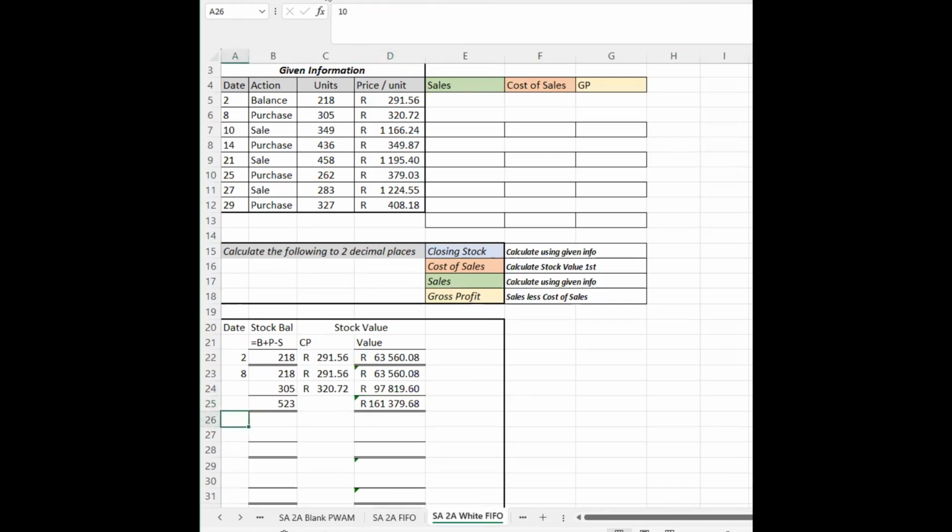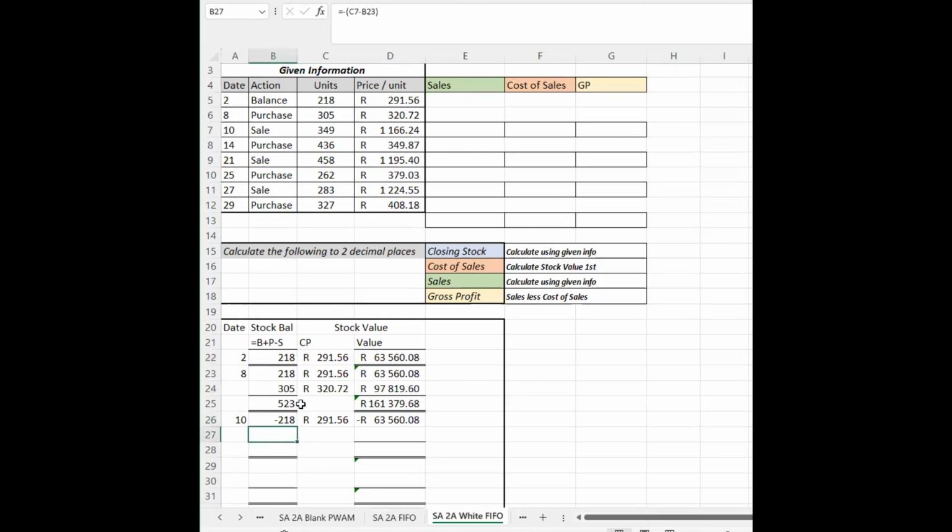So on the 10th, we are selling 349. Now, 349 is clearly more than 218. So what are we going to do? The entire 218 that we have valued at 291 per unit, we are going to sell.